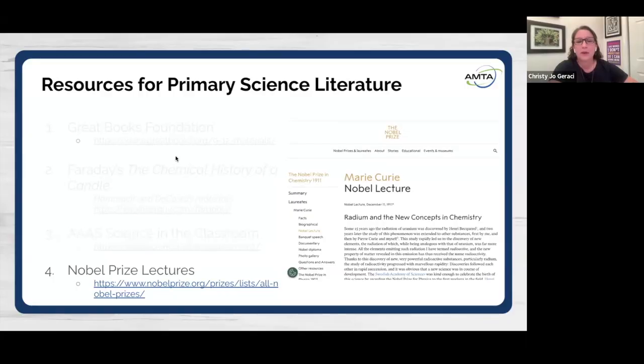Right, then here is the Nobel Prize lecture page. So if you just go to nobelprize.org and look up the Nobel laureates, they don't have to be classical authors. It could be modern Nobel Prize winners. Most of them will have not only facts and biographical information, they could have a documentary, and most of them will have the transcript of their Nobel lecture, as well as the banquet speech that they gave.